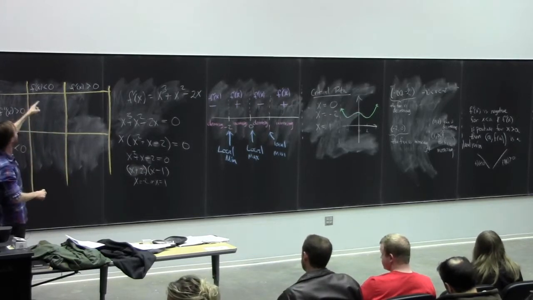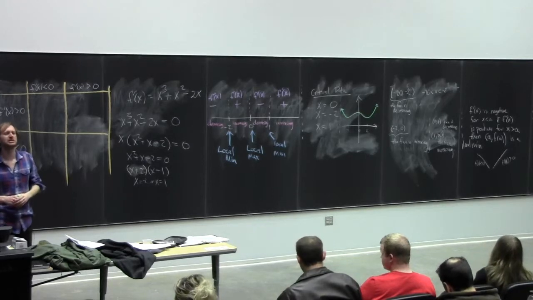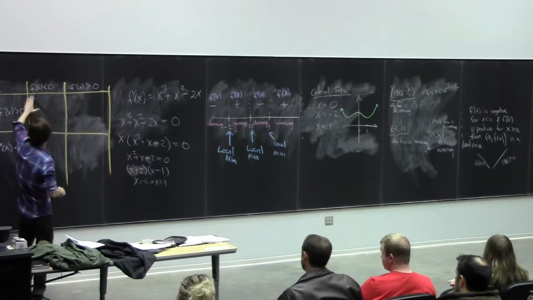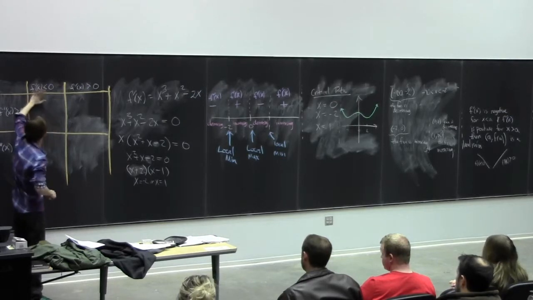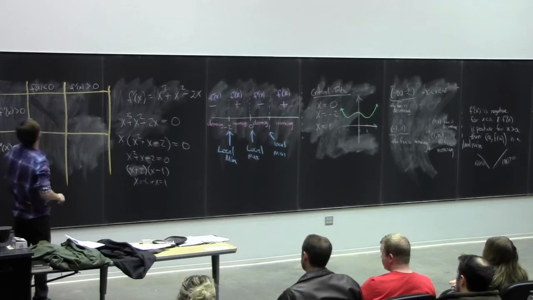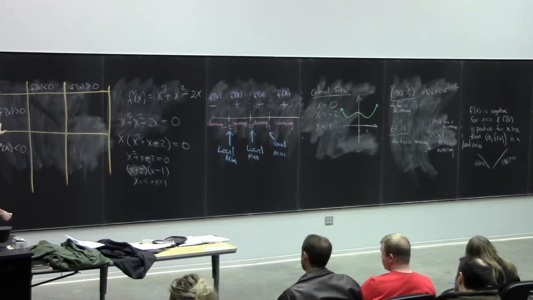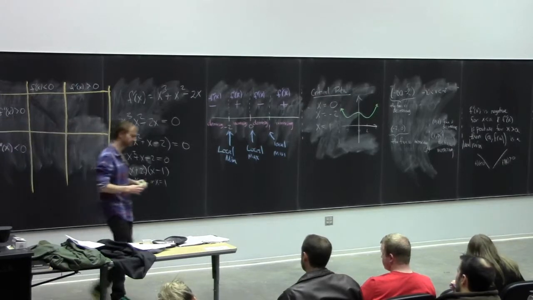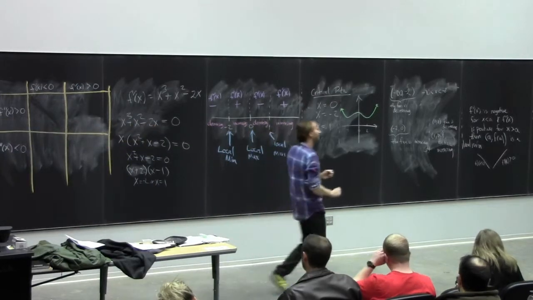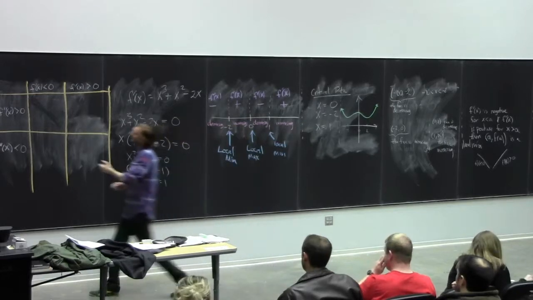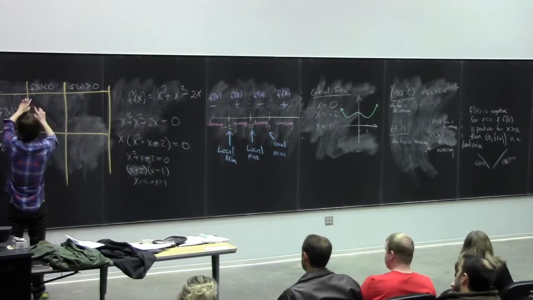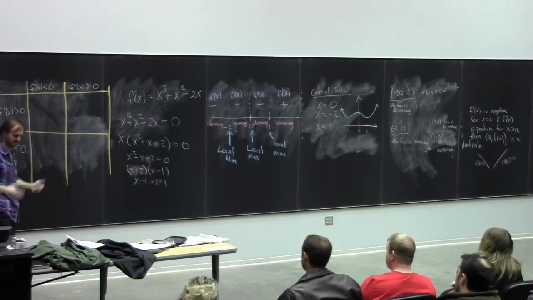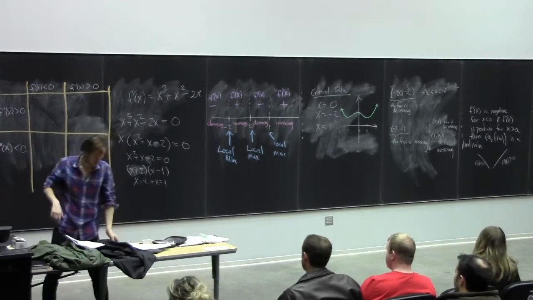All right, but if f prime of x is less than 0, what's happening to the function? It's decreasing. So our function is decreasing. I'm going to use the negative chalk to show you there's the decreasing function. And if the second derivative is greater than 0, that's telling you that the function is decreasing at a slower and slower rate because it's getting more positive.